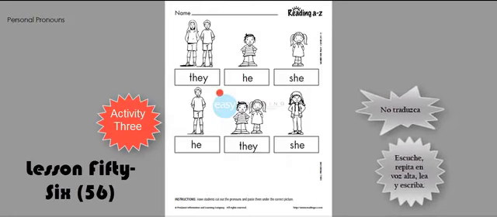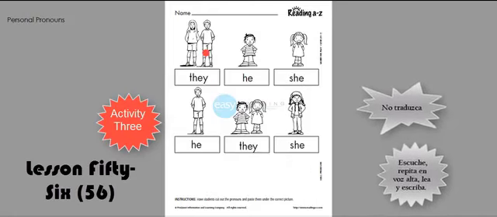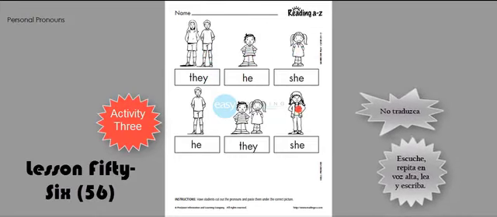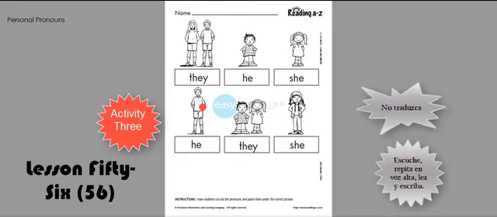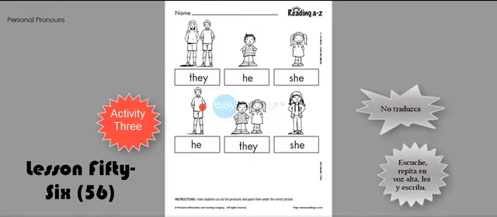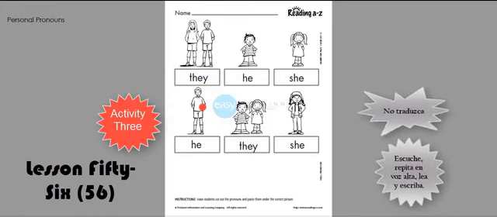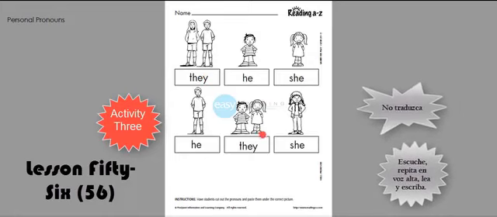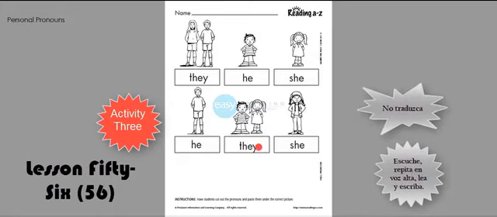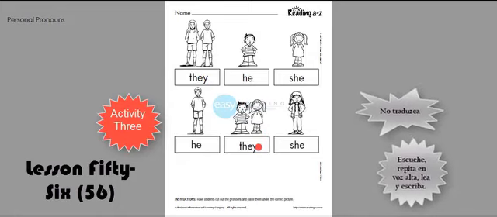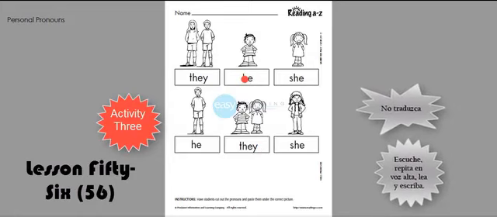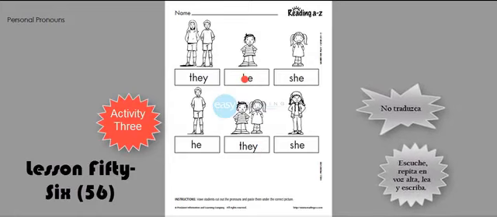Here you are. They, he, she, they, he. They is used for 2 or more people. He is used for one person when this person is a male or masculine.